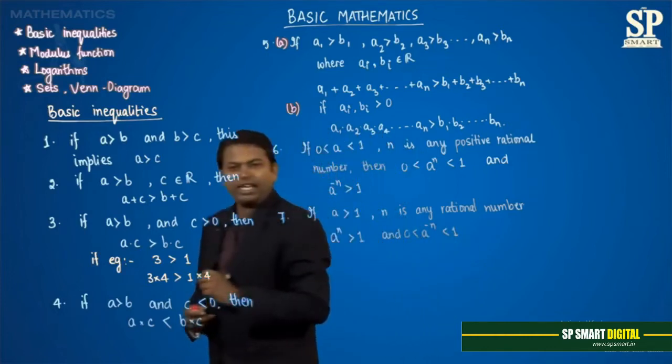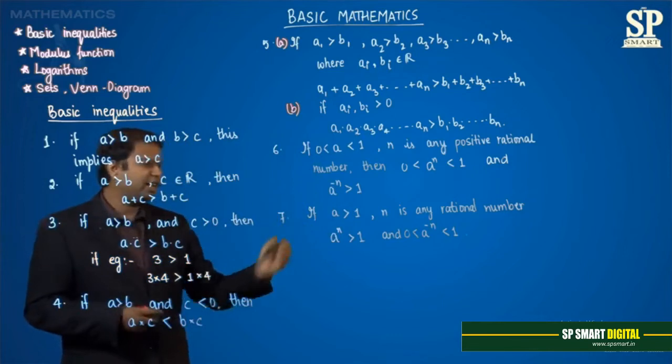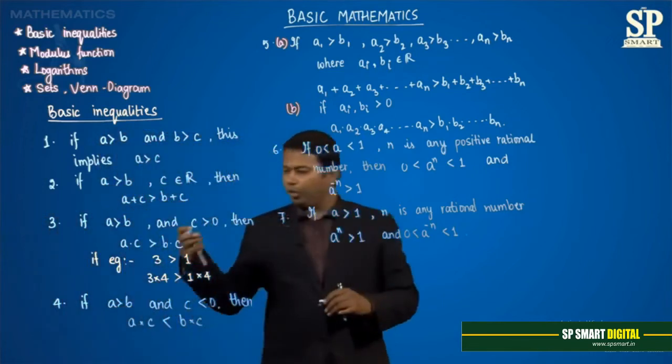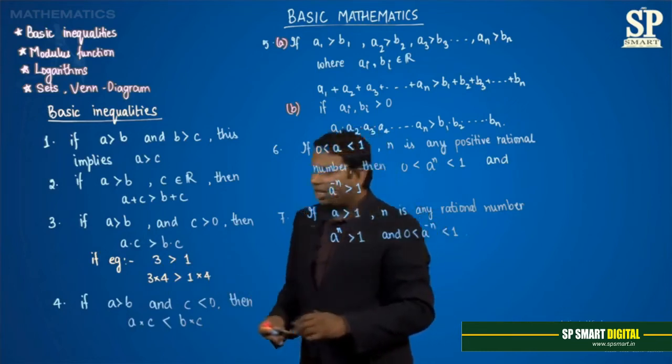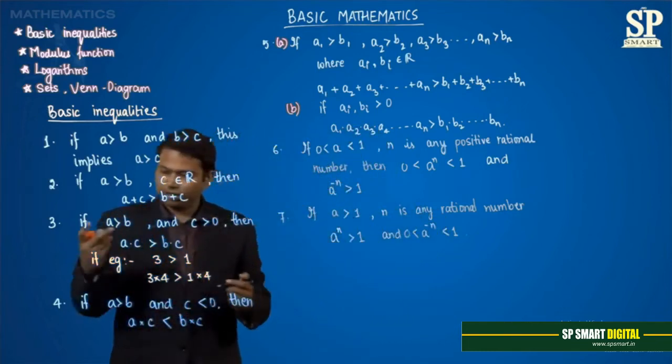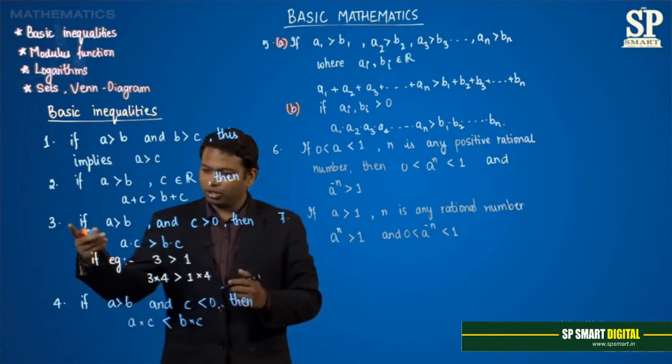So this is the case when A is greater than 1. Now also we could have written down one more inequality here. So this is related to 3.